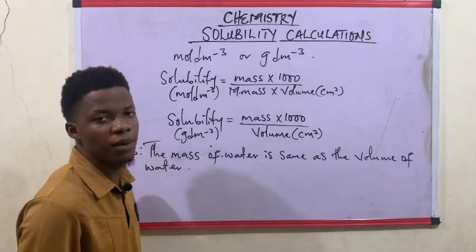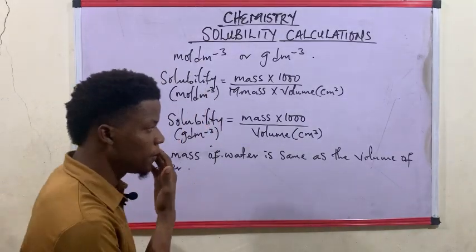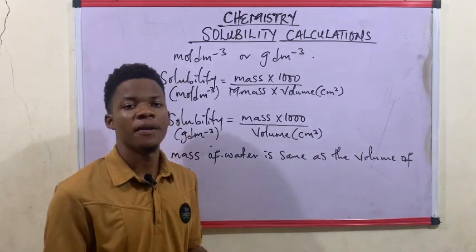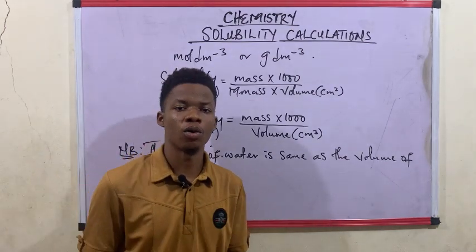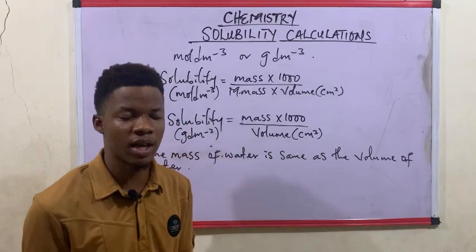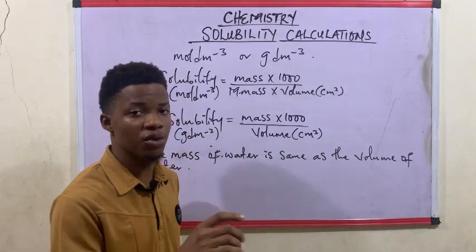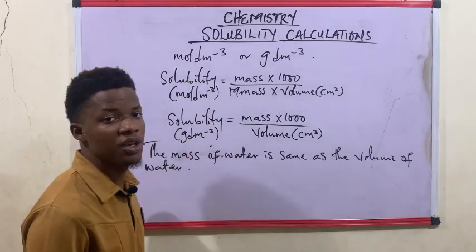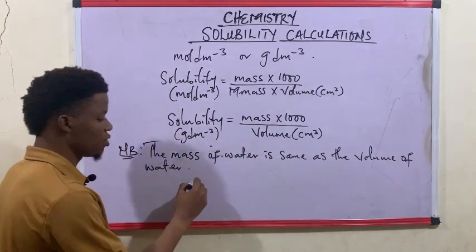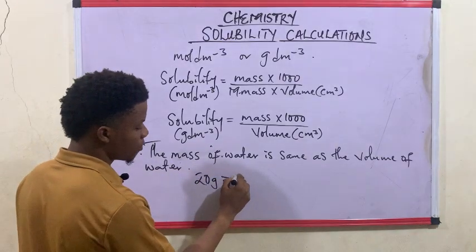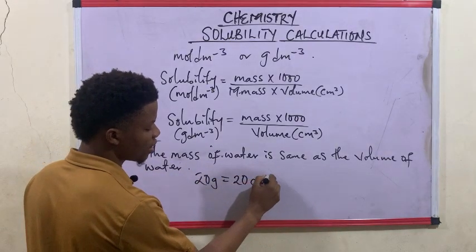So take for example, you see a question that tells you to calculate the solubility of, let's say, 5.0 gram of sodium chloride in 20 grams of water. They didn't use volume, but they just said 20 gram. Please know that the 20 gram is also taken as the volume in centimeter cube.